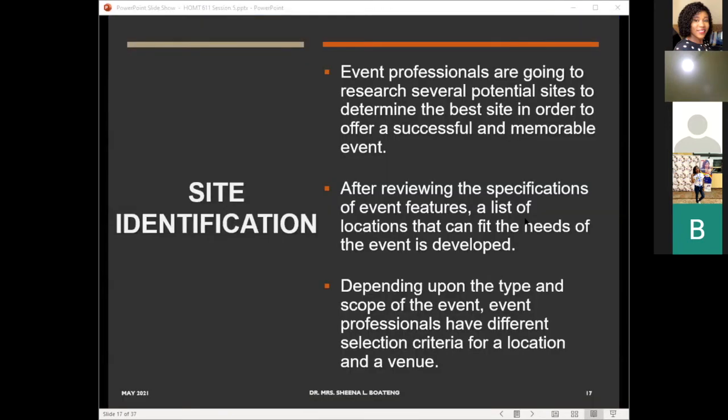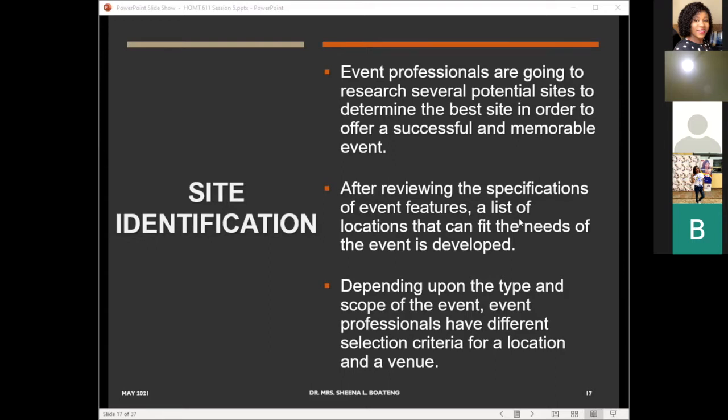So here we are looking at doing research regarding the criteria that we have come up with from the specification stage to be able to come up with a list of potential sites that possess these characteristics that we are looking for in the ideal event venue where we want to stage the events that we have been commissioned to organize.